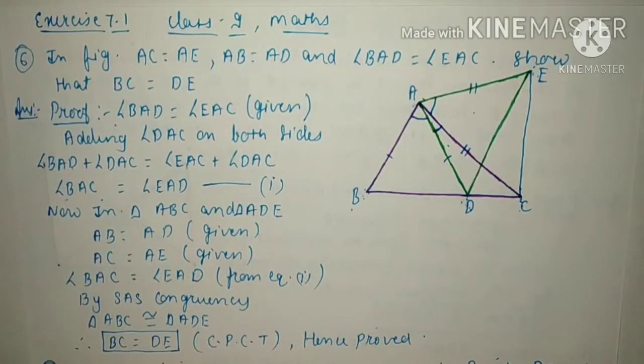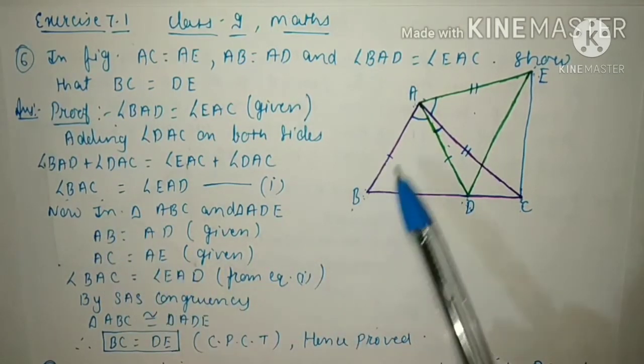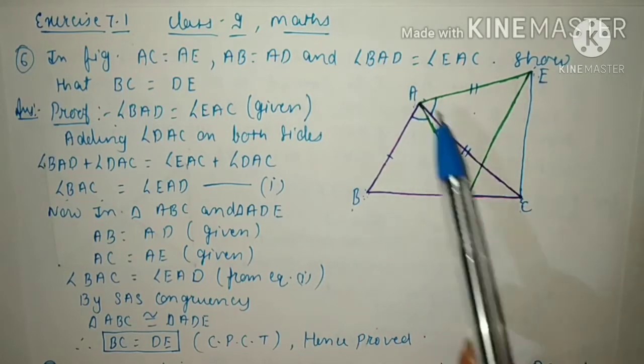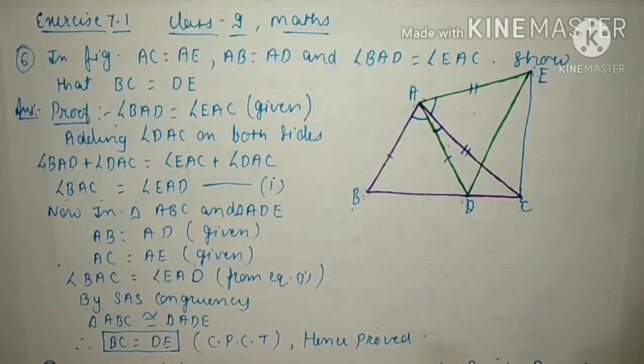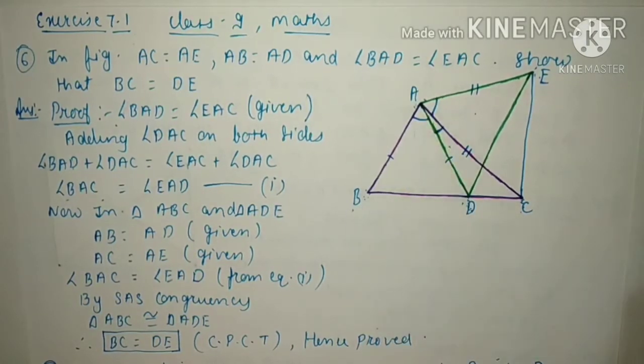Now just now we have proved this angle BAC is equal to angle EAD. So right here, angle BAC equals angle EAD. This is from equation 1. Now see the pink triangle.